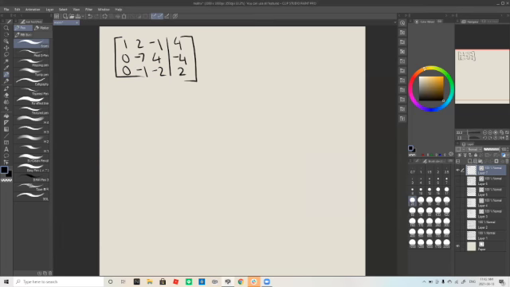So this negative 7 becomes 1. So I'm just going to write row 2 with negative 1 over 7 itself.